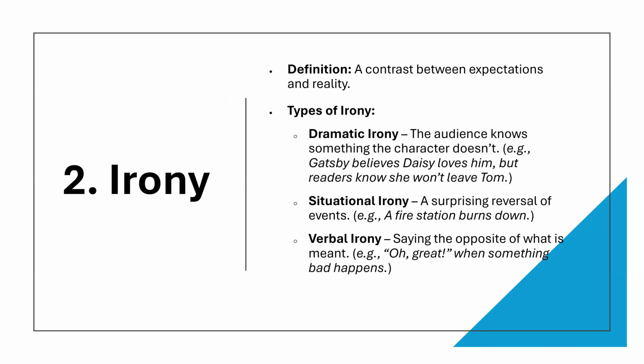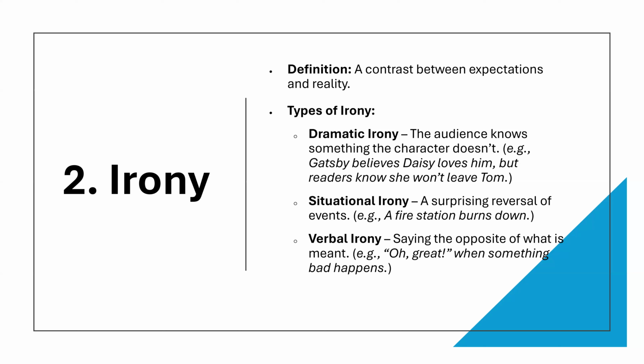Irony is a contrast between expectations and reality. We have different types of irony: dramatic irony, situational irony, and verbal irony. Dramatic irony is something the audience knows and the character doesn't know.